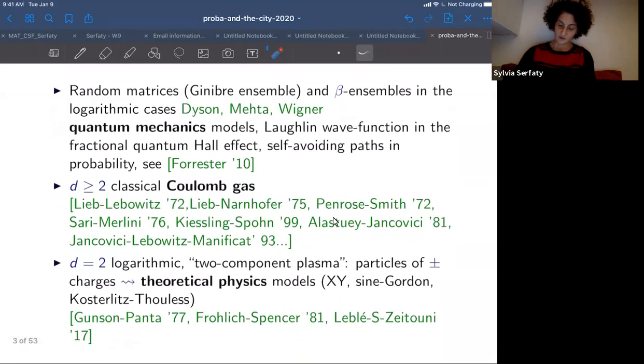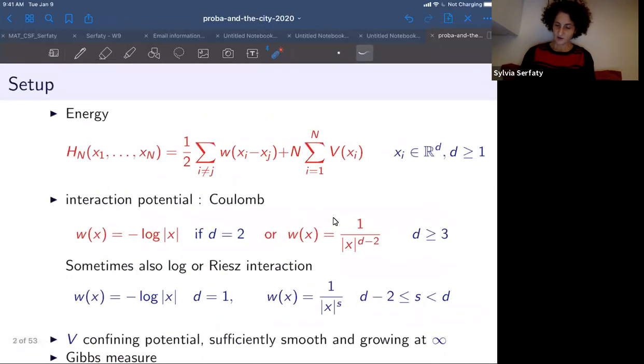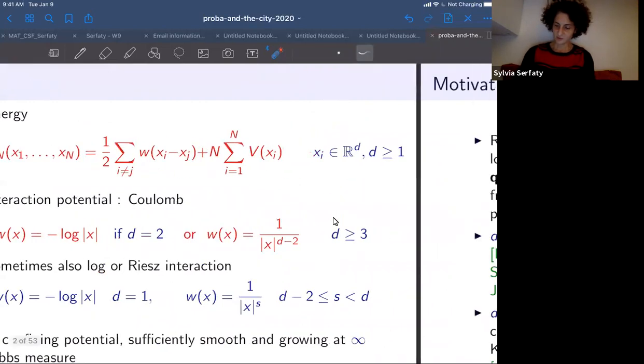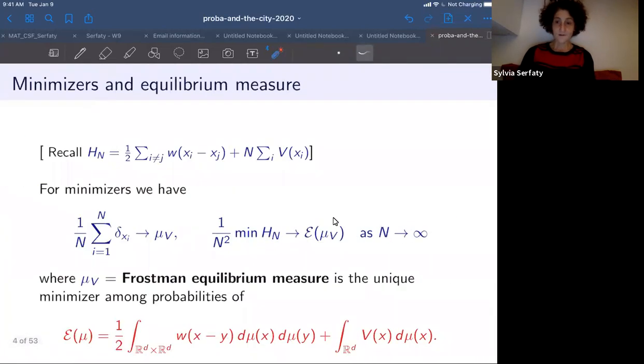But there are also relations to XY and Sine-Gordon models from theoretical physics when you consider Coulomb gas in 2D that would have pluses and minuses, so plus and minus charges. But I will not talk very much on that. So in what I'm looking at here, all the charges are pluses, and they stay together. Well, they stay confined thanks to this confinement potential. Any questions so far?